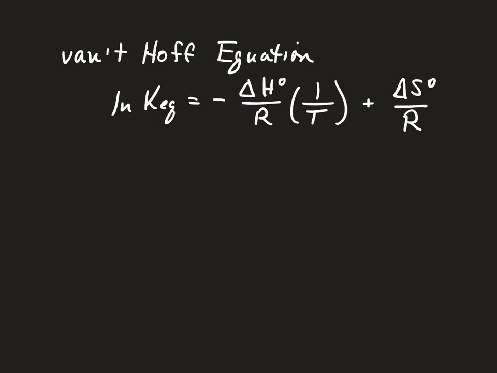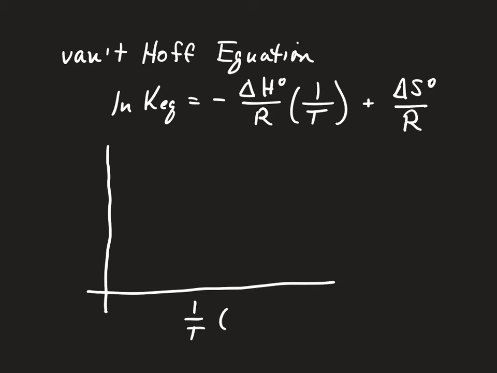So with the Van Hoff equation, in a laboratory you would determine equilibrium constants for a reaction at a number of different temperatures. And you would plot 1 over temperature in 1 over Kelvin, right? These have to be Kelvin temperatures, versus the natural log of the equilibrium constant.